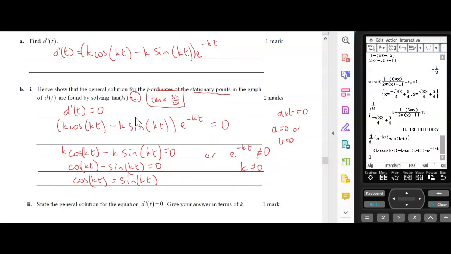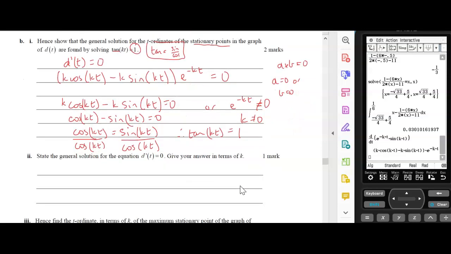So if I divide both sides by cos kt, I'm not actually changing anything because I'm doing the same thing to the left-hand side and the right-hand side. So therefore, sine kt over cos kt is tan kt. And now we've got cos over cos, which is 1, which is what we have to do.